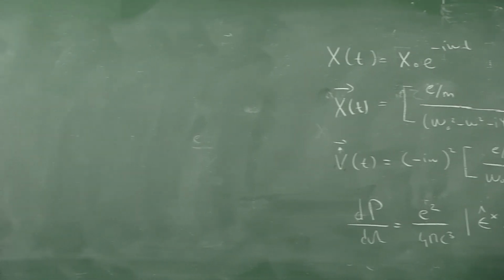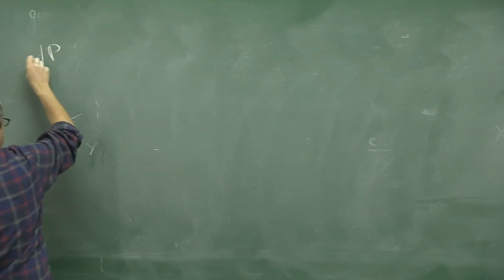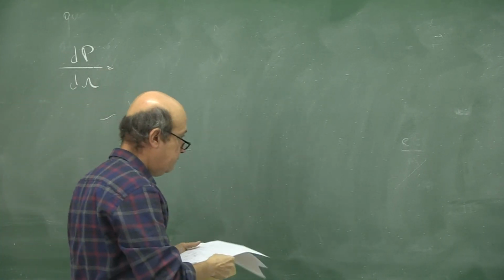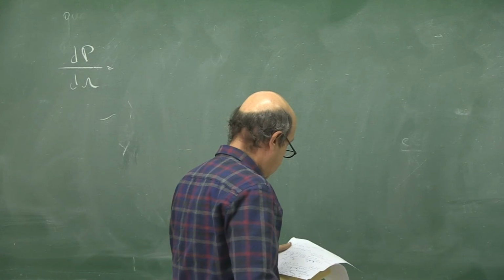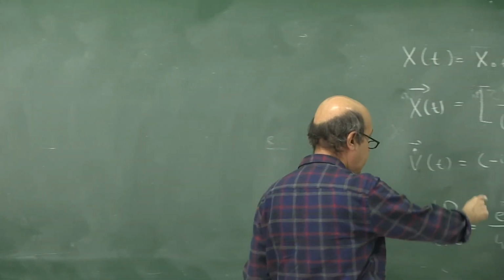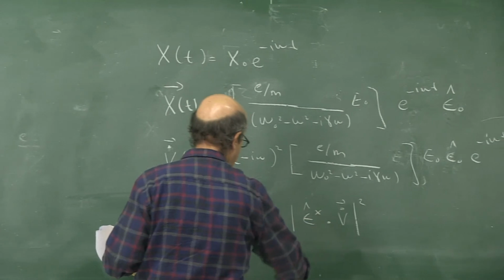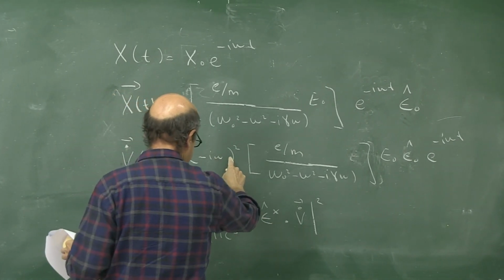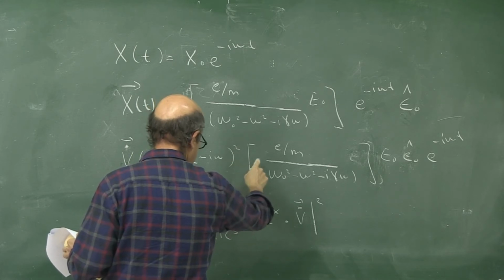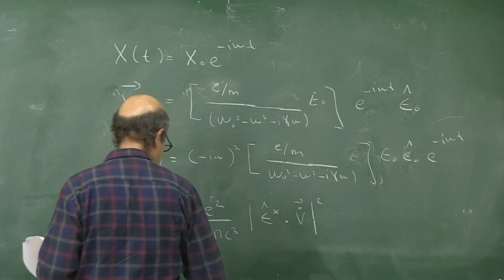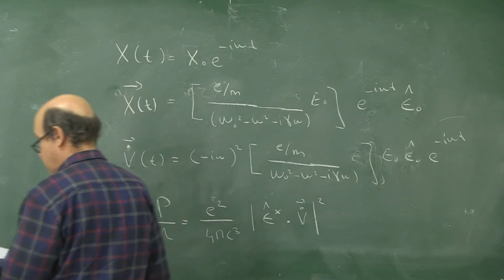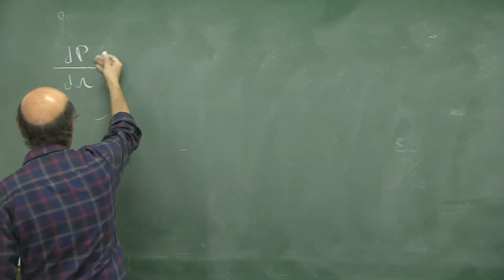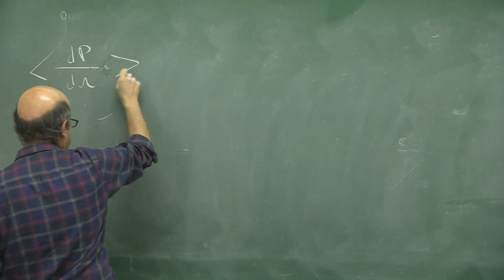So the power emitted per solid angle will be what? I have to take this, put it there, and take the square. I will have the square of this, that will be e square m square, that will be e to the 4 over m square. And this is oscillating in time, so I should write the time average over one cycle.